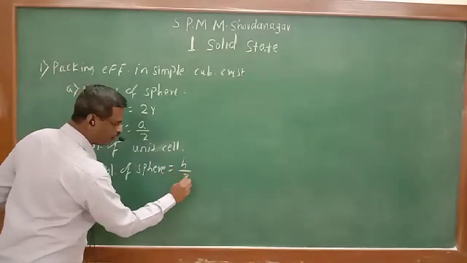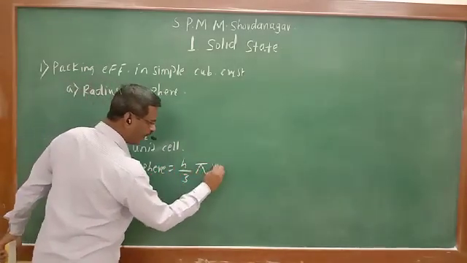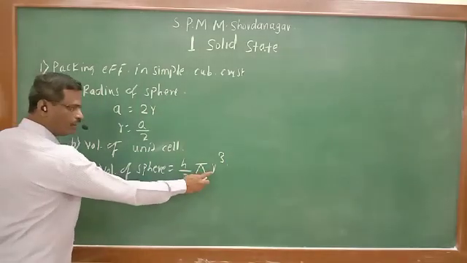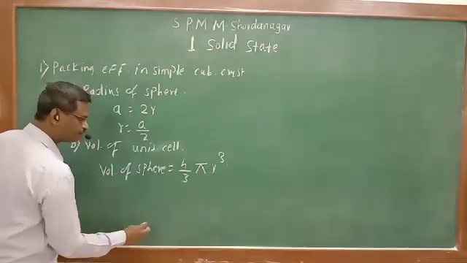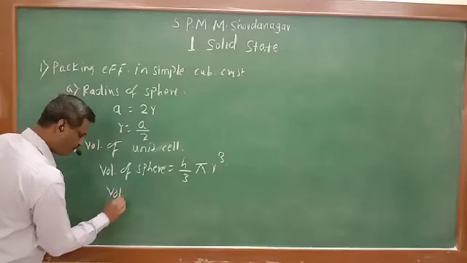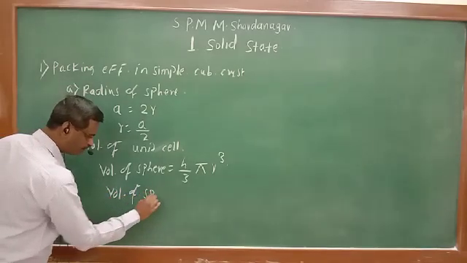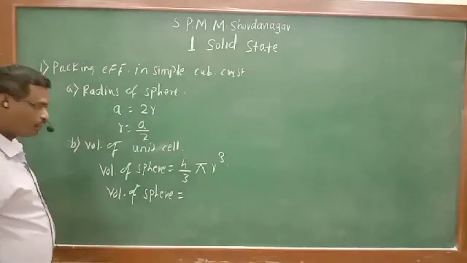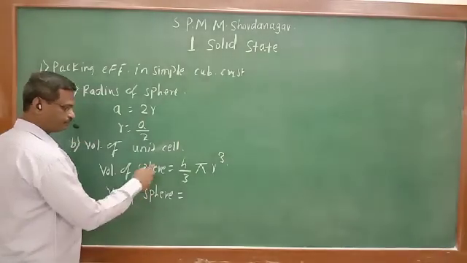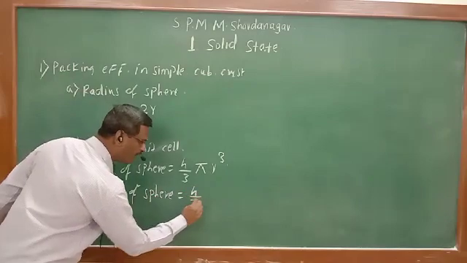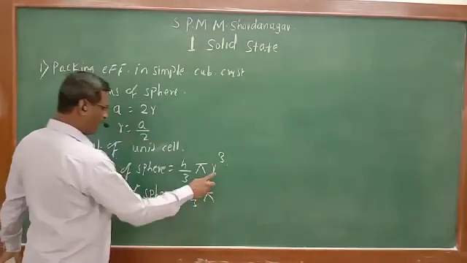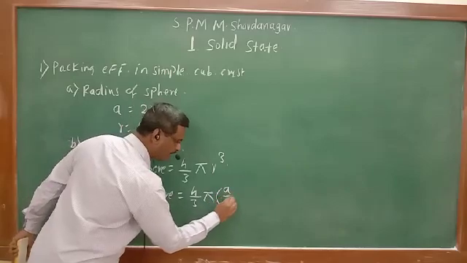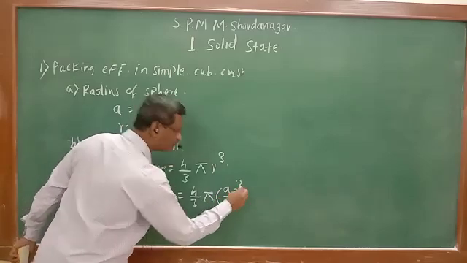It is equal to 4/3 pi r cube. Substituting for the value of r, R is nothing but a by 2, so 4/3 pi (a by 2) cube.